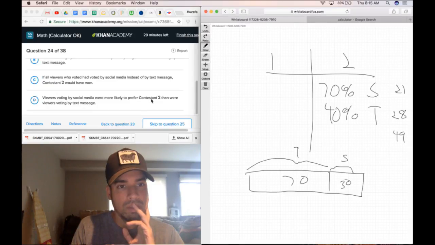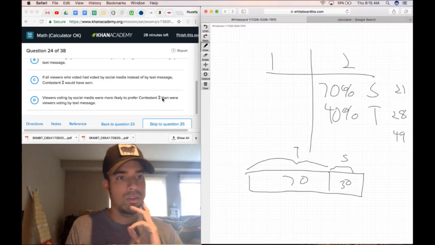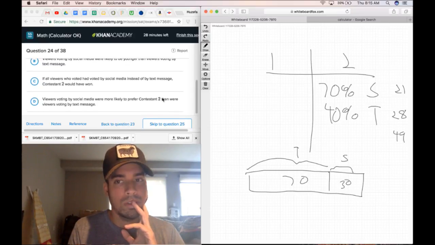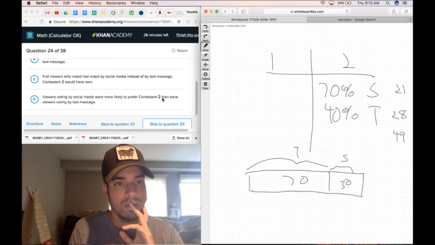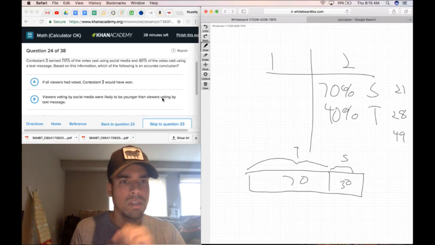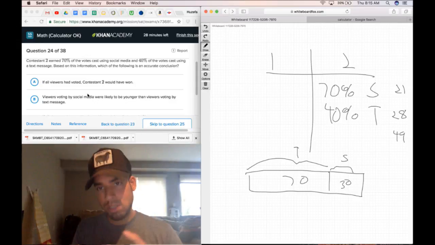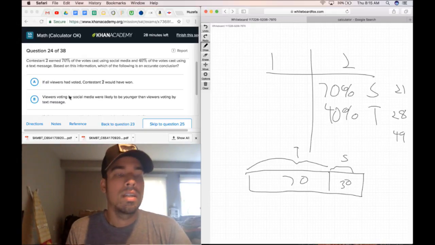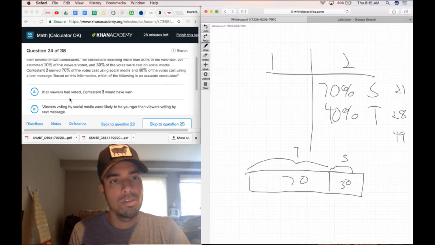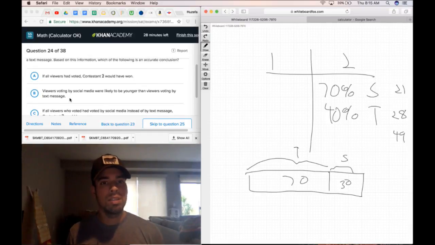Viewers voting by social media were more likely to prefer contestant 2 than were viewers, not necessarily. Well, let's see. If all viewers had voted, contestant 2 would have won. No, that's not true, because we can see contestant 1 would have won. It doesn't matter, assuming that everything stayed roughly the same. Viewers voting by social media were likely to be younger.